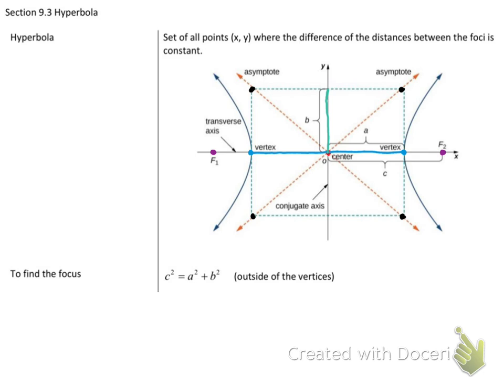Okay, so I'm going to go back to the whole idea of how you calculate c. Previously, when we did the ellipse, if we wanted to calculate the distance using a squared and b squared, we subtracted them because we needed c to be a smaller distance than a was. Well, not the case this time. This time, when we use our a and b in our equation and calculate that distance of c, we actually want c to be further from the center than the vertices.